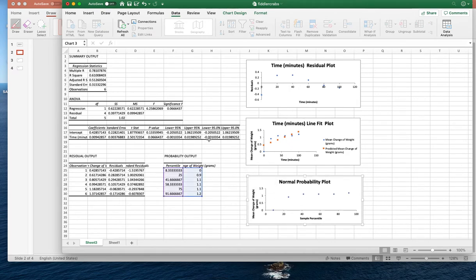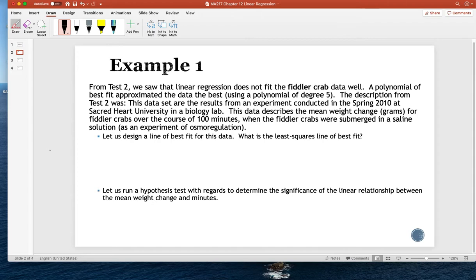To answer the first portion of that prompt, we had wanted the line of best fit. That would be these 2 entries. Okay. The intercept, that would be our value for A in our linear relationship, so 0.4286, and the coefficient for the slope is 0.0094. Okay, so let me write that into our equation here before we do this hypothesis test.